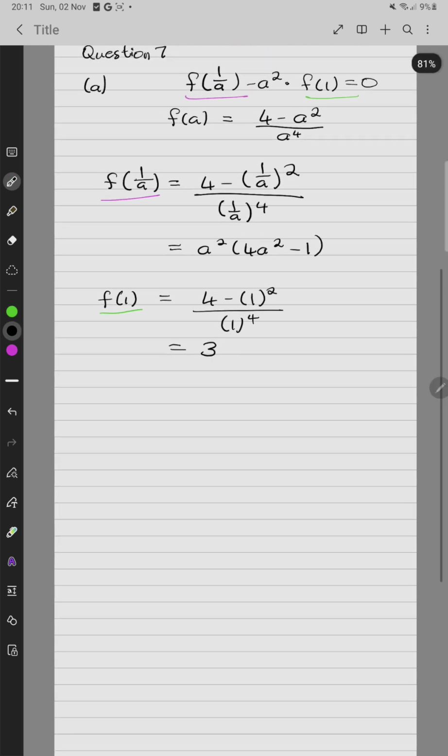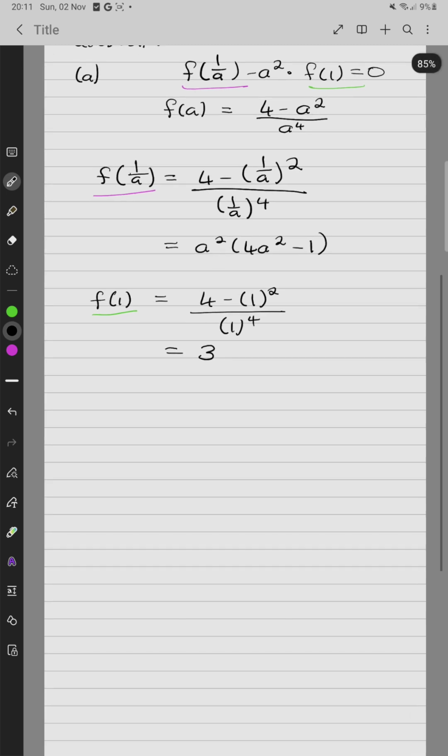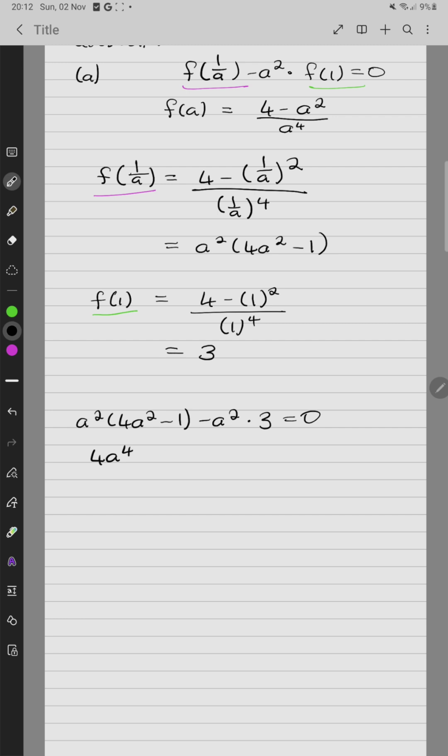Can I zoom? Yes. So then in place of f of 1 over a, I will substitute a squared times 4a squared minus 1, minus a squared, and then that is times 3. And then I just need to simplify. That is equal to 0. If I simplify this, I get what is not a very nice equation, but I get 4a to the 4 minus a squared minus a squared times 3 equal to 0.